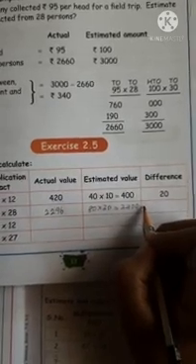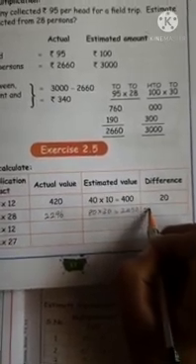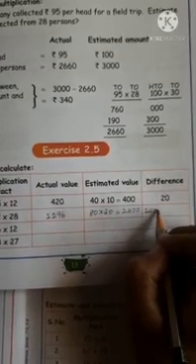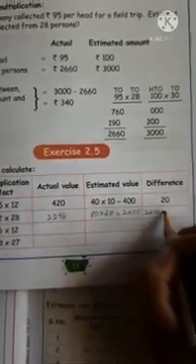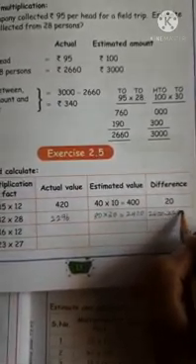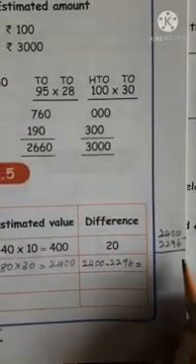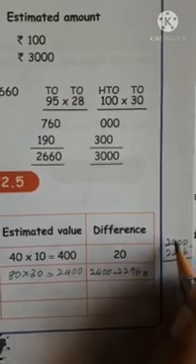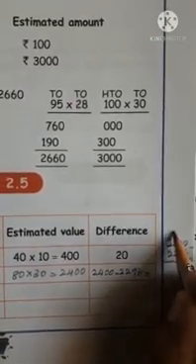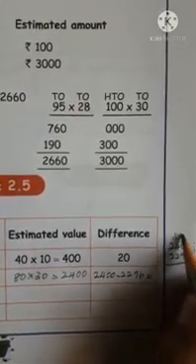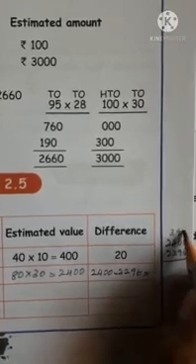Next we have to find the difference. The difference means from the big number to small number we have to subtract. So 2400 minus 2296, we have to subtract here. So we have to borrow from here. So 4 will be changed into 3, and here 9, and here 10.